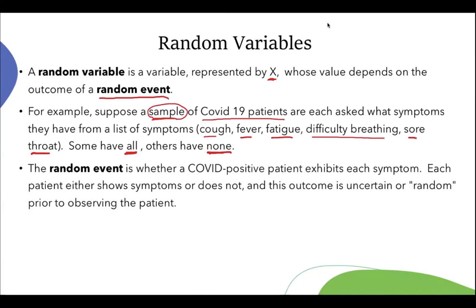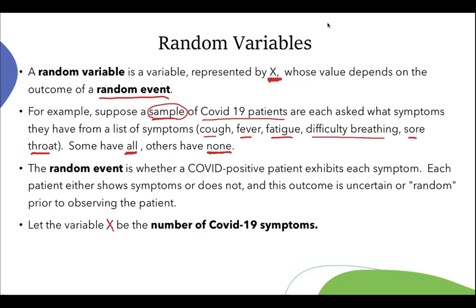The random event is whether the COVID positive patient exhibits each symptom. Each patient either shows symptoms or does not, and this outcome is uncertain or random prior to observing the patient. X is going to be our random variable, and it is the number of COVID-19 symptoms.